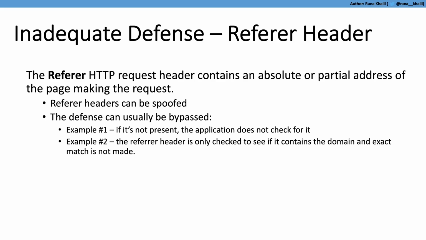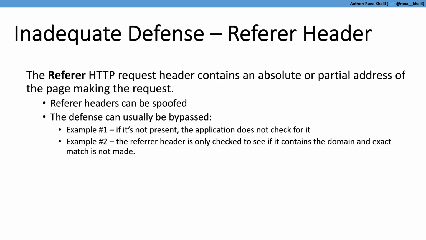So what you could do is say www.maliciousSite.com/? and then bank.com. When it reaches the application, all the application is checking is bank.com in the referrer header. It is, and so it accepts the request. The issue over here is that instead of doing an exact match, it's just doing a substring match within the referrer header. And that's pretty much it for using referrer headers as a defense.